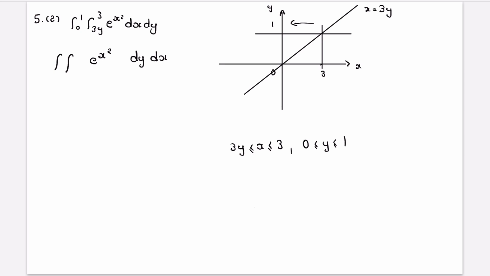And then it is greater than 3y, so it means this side. So what is the range for it? It means the range is only from this to this. Yeah, so we need to find that triangle shape, this side.